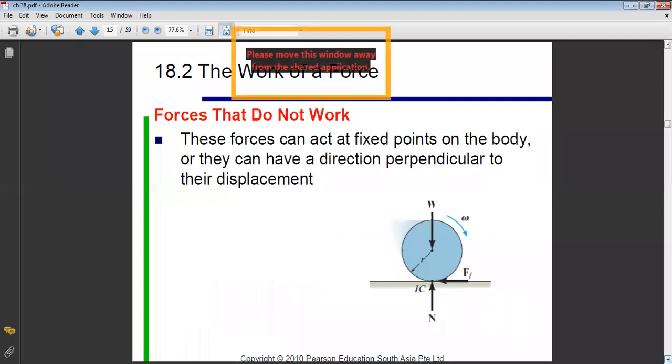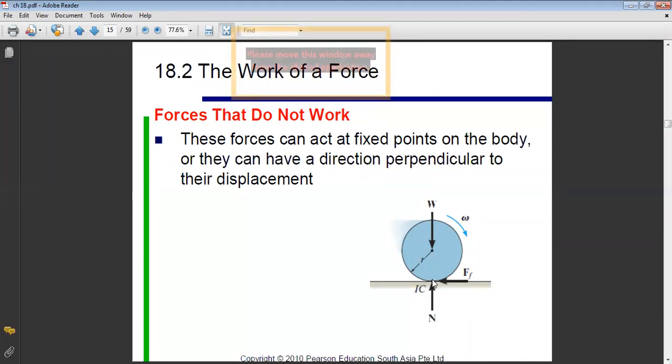Now, the forces that will not work are forces that are perpendicular to motion, or applied at a point of zero velocity. For example, in case you have rolling without slipping, the IC will be at the ground level because the ground is fixed and you don't have slipping. So the velocity of this point is zero.